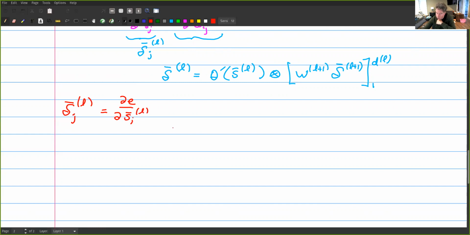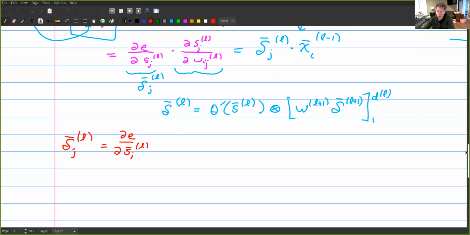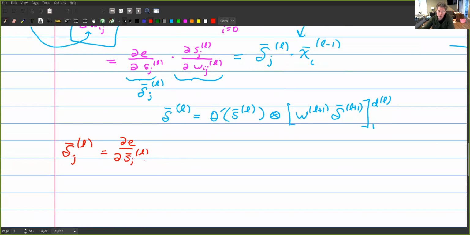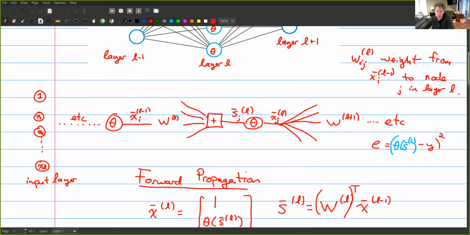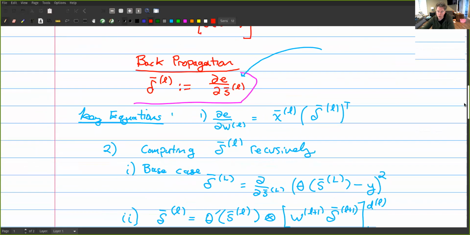Okay, and so now we have a similar argument about using the chain rule as we did before. So the error depends on S_j^L only through x_j^L. Because if you look at the network structure here, all these S_j^L, by their influence on the output E, it all goes through this x_j^L variable.